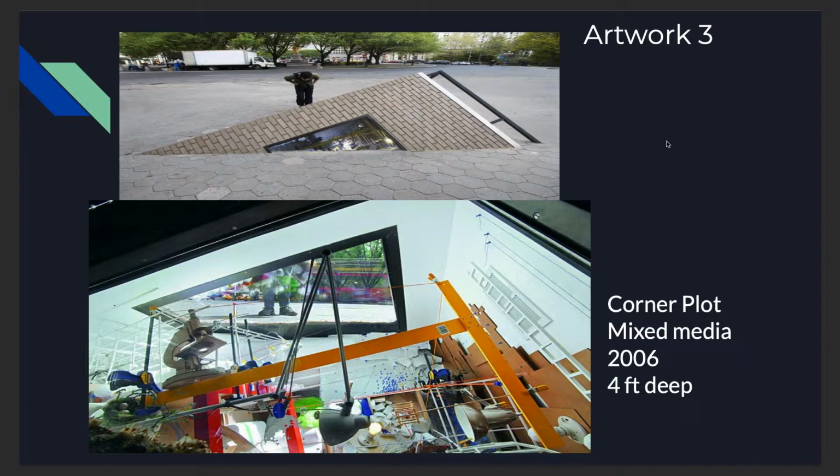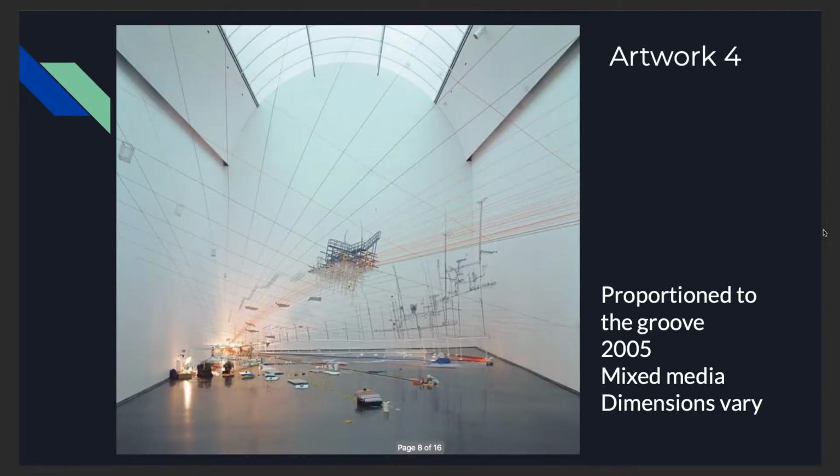Looks like we have two stretched out images, but looks like there might be a building that looks like it's sinking into the pavement, but the viewer can look into the window and see this installation. That's pretty cool. Corner plot. An artwork called Proportioned to the Groove, 2005.